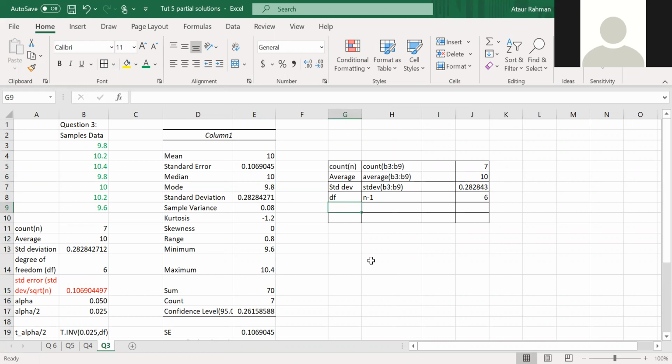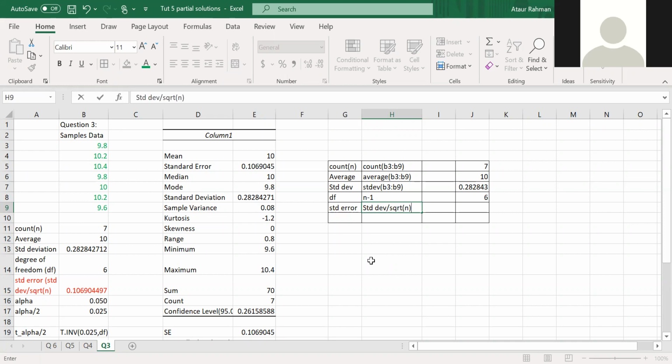And we want to estimate the standard error. Standard error is estimated by standard deviation divided by square root of n, because we are dealing with a sample. So the standard error is STDEV, standard deviation, divided by the square root of the number of data points.